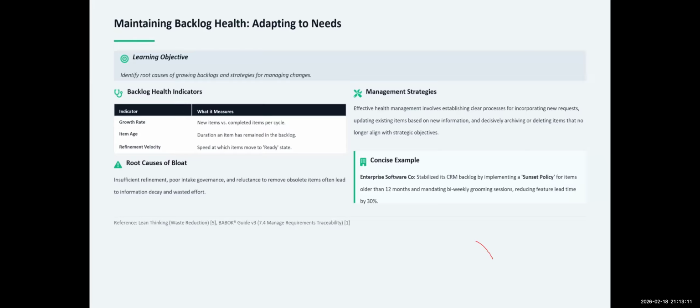Ready means that particular item is ready to be moved, to be delivered. So if you don't have proper refinement skills, or you don't know how to continue to prioritize or have proper governance, then you're going to have a problem around this.